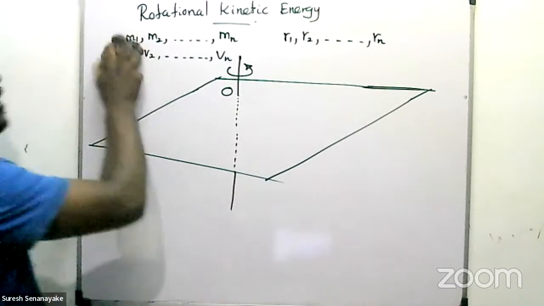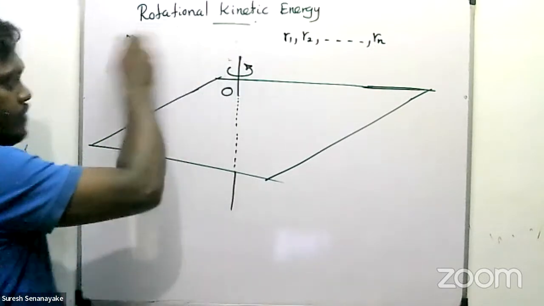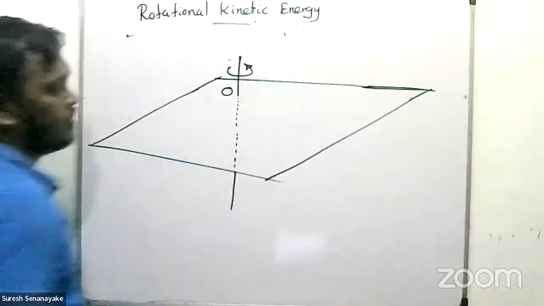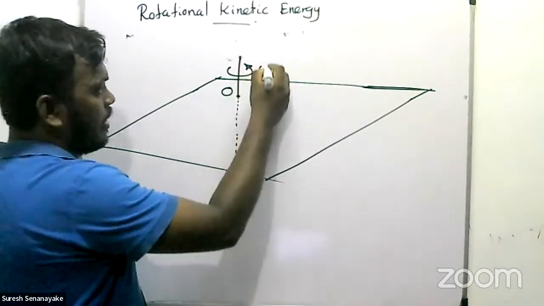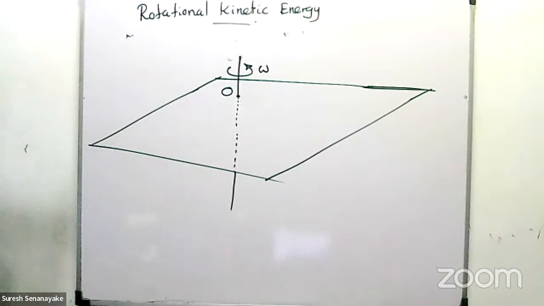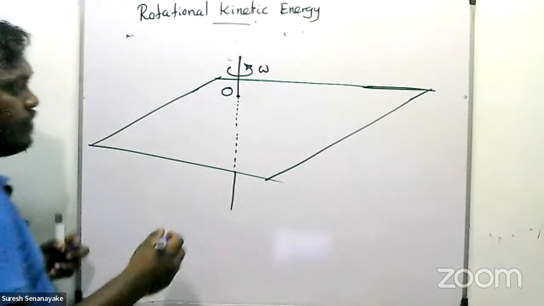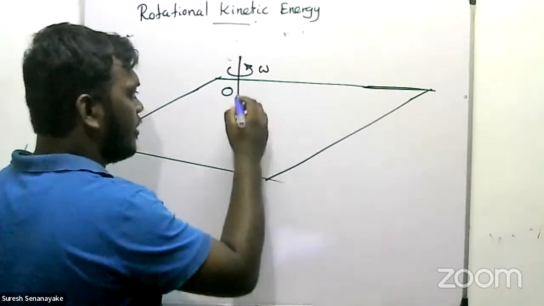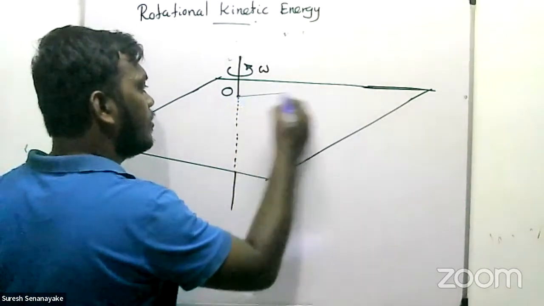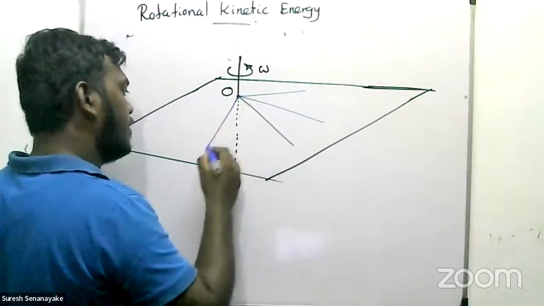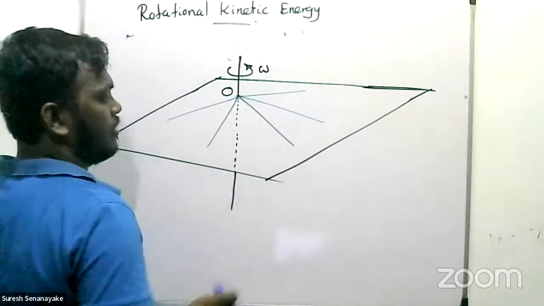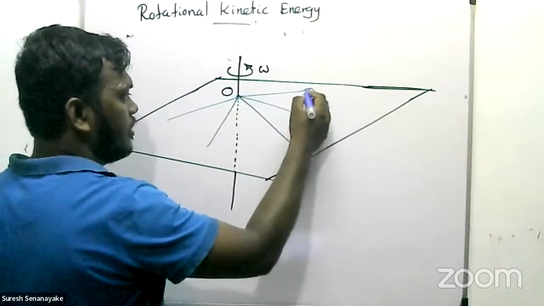You can draw the diagram. This is the point O, with omega. All the objects I'm considering are on this plane, different particles on this plane.